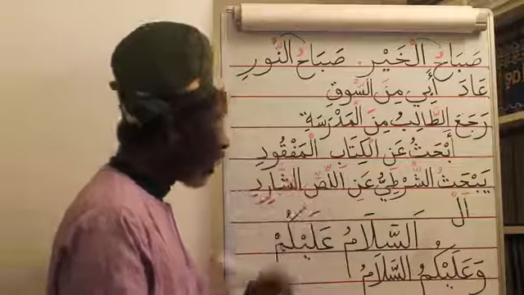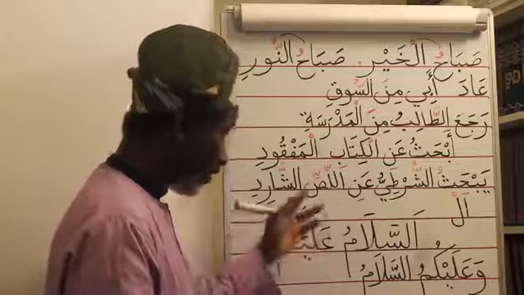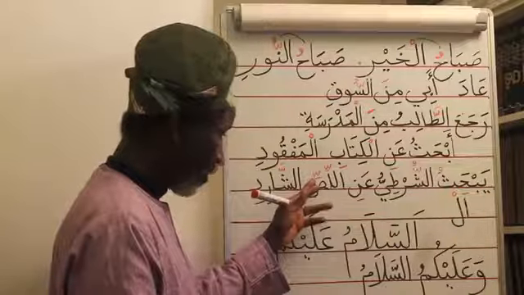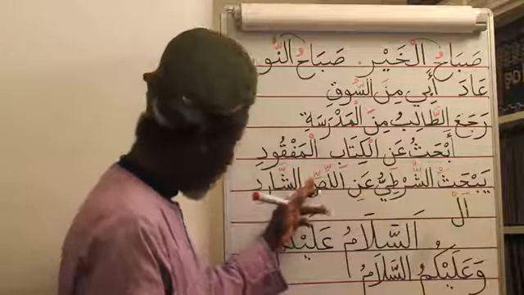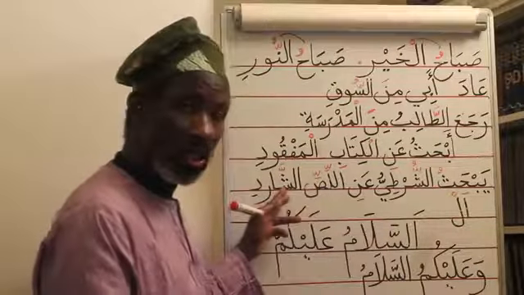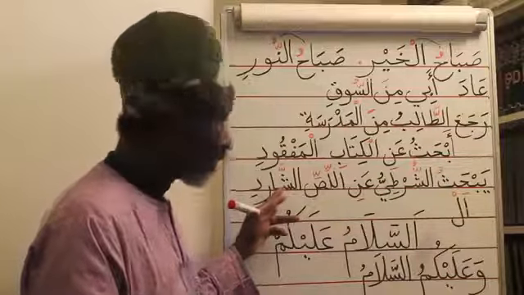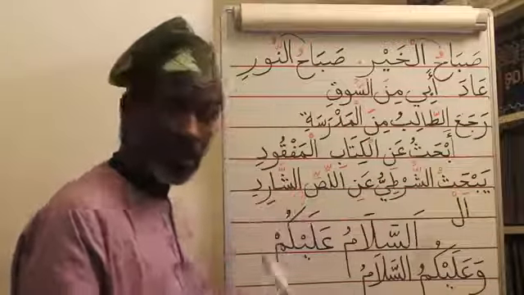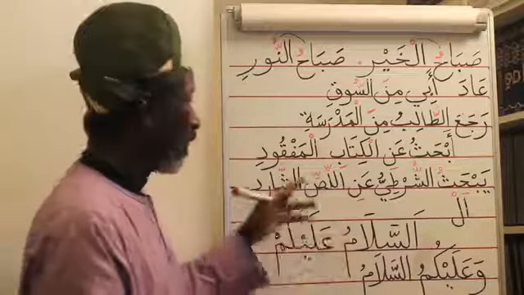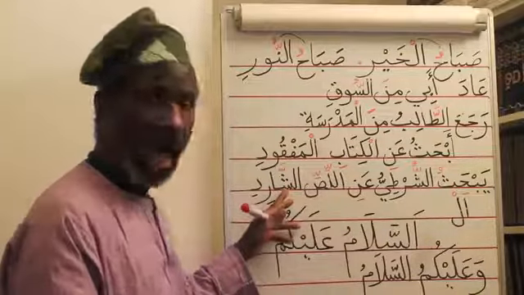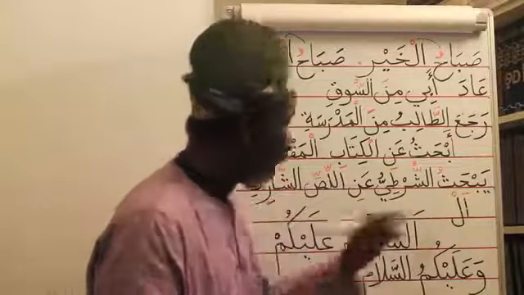Now, this sort has kasra there. The second vowel which is hiding there is kasra. You link that with the first sheen, which is carrying sukun here. Alif is silent because it is not at the beginning. Lam is silent because you have a sun letter after the lam of al.